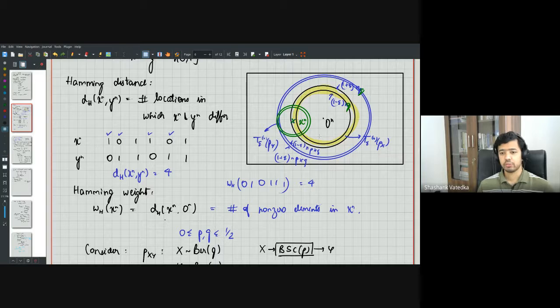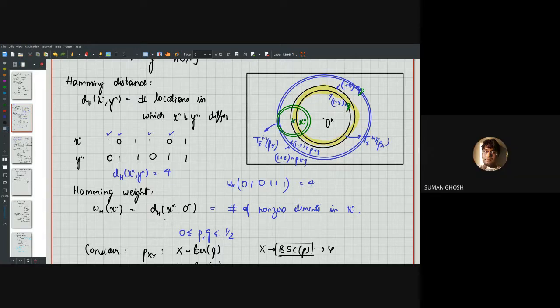All right. So which means that the expected number of locations in which xi differs from yi will be close to n times p. Or the Hamming distance between xn and yn will be close to n times p. Mainly because you're flipping each xi with probability p, and the Hamming distance is the number of locations in which the two sequences differ, right?